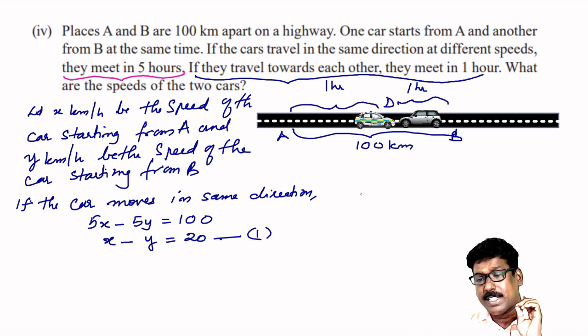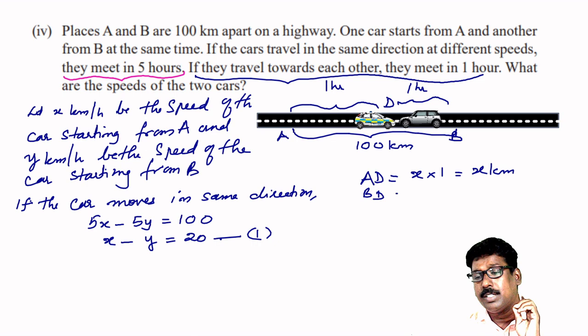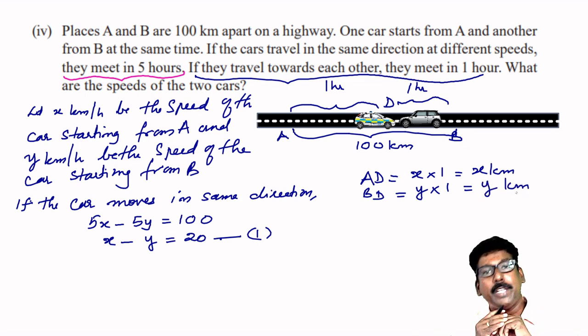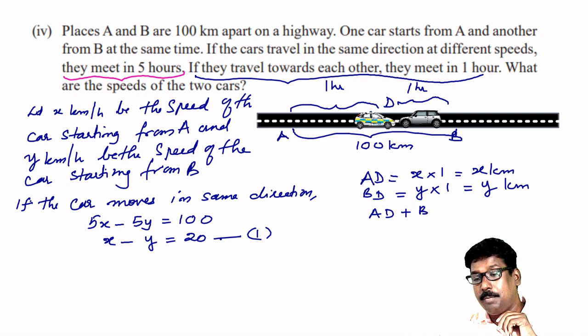So, what is the distance AD? For AD, you can write speed as x kilometer per hour and time as 1, so it is x kilometer. Then what about BD? Speed of the car starting from B is y kilometer per hour and time taken is 1, so it is y kilometer. Then how will you form an equation? AD plus BD is equal to AB.